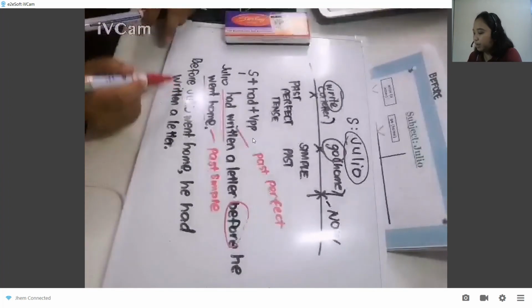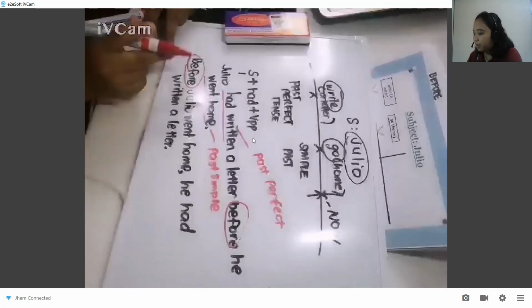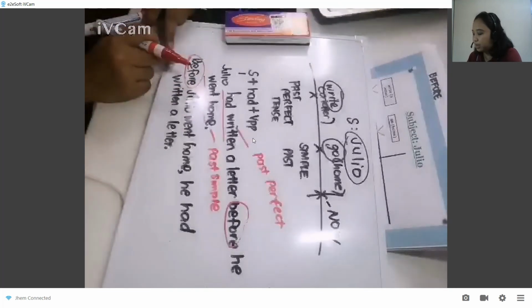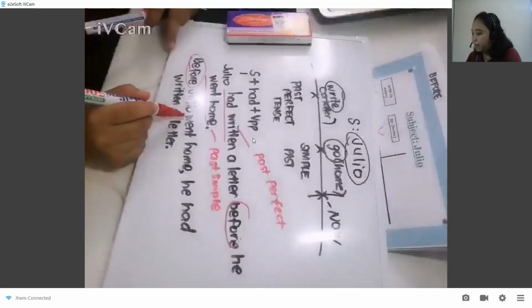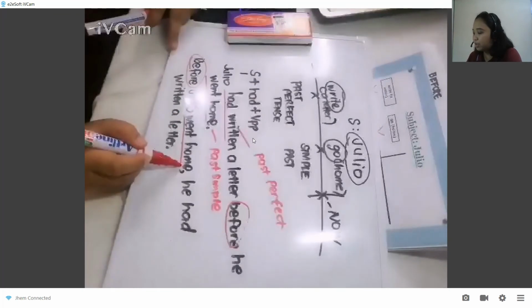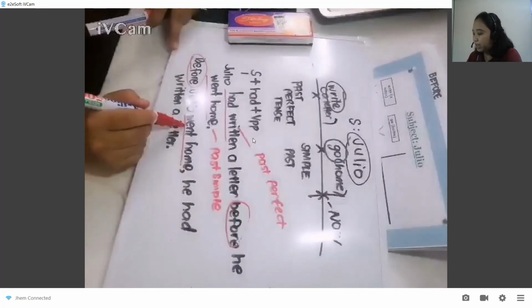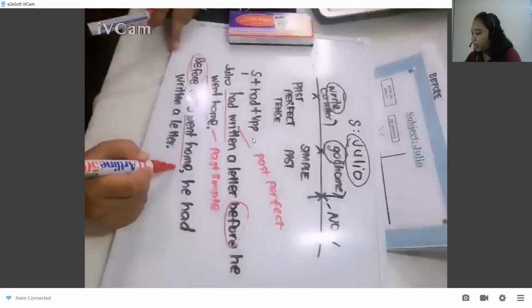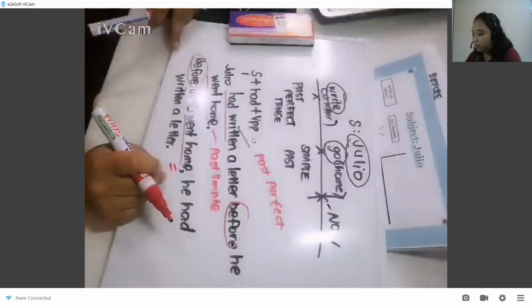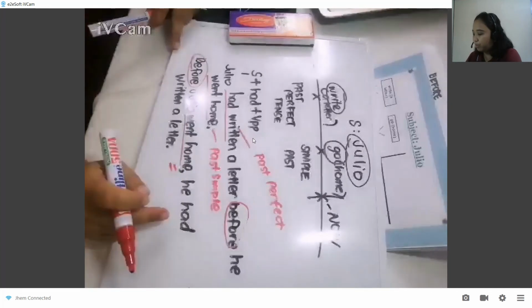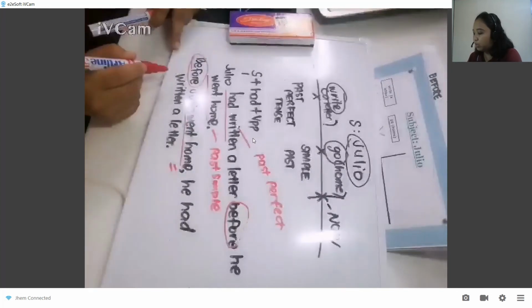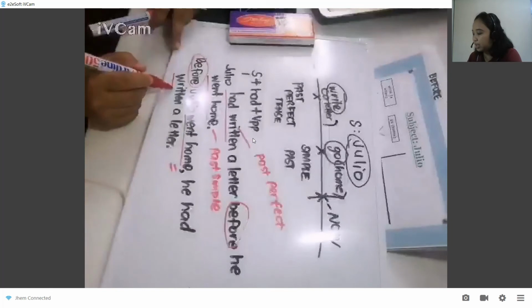There. So we still have the conjunction before at the first part of the sentence, but we still have to follow the second action, which is in the simple past, went. And then don't forget to use a comma right after the clause. Okay, so before Julio went home, he had written a letter.